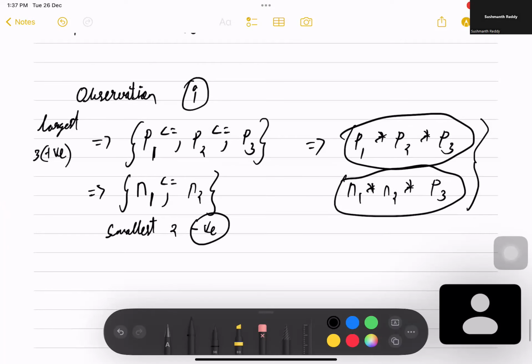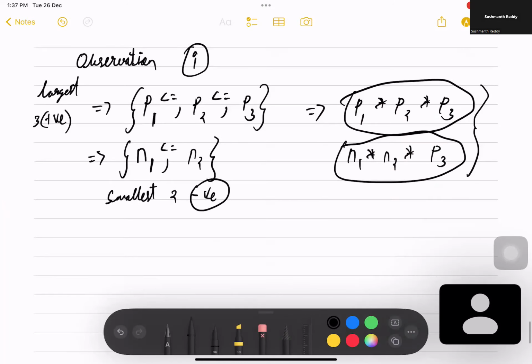And once we know that, the answer would be the maximum of P1 into P2 into P3, comma, N1 into N2 into P1. Right? And one more thing: for the first to be our answer, there should be at least three positives. And for the second to be our answer, there should be at least two negatives and one positive.